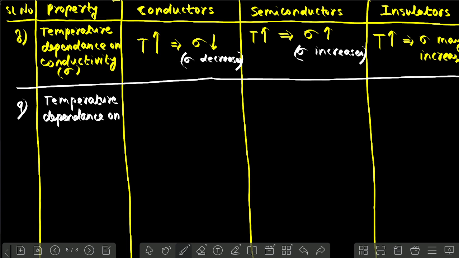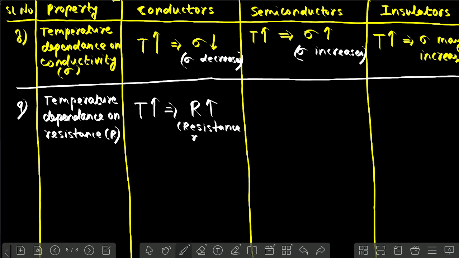So you write resistance, R. Now remember, here, if temperature increases, your electrical resistance increases. Here, if temperature increases, resistance decreases. Remember, here resistance decreases.